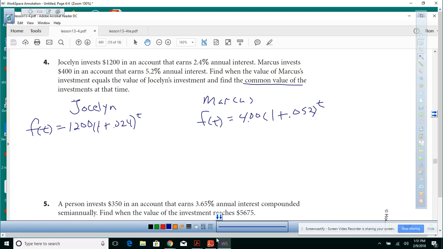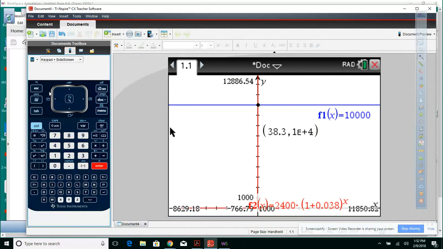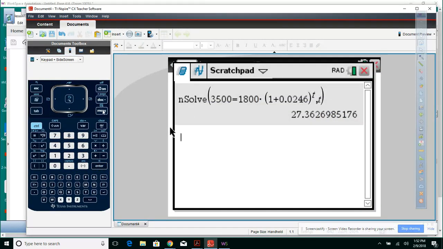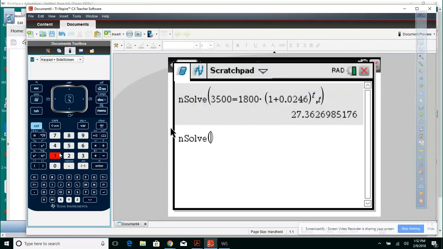If we just set these equal to each other, menu 3-1. You can graph it as well, either one.